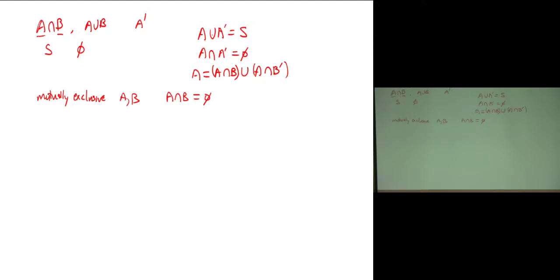We also have De Morgan's law. Basically, it's saying that A1 union A2 union up to An, the complement of this. That means we try to union all these events and take the complement, which means that we look at those elements that do not belong to any of these Ai's.